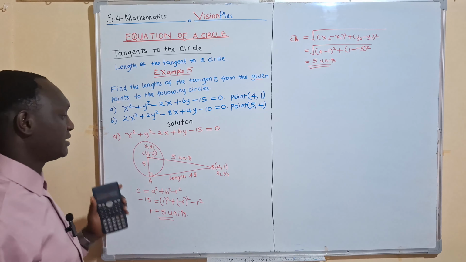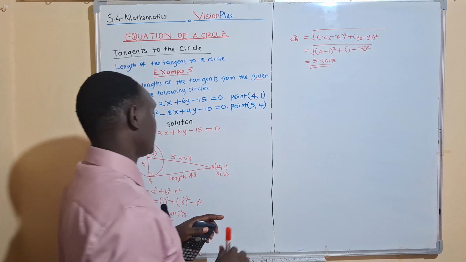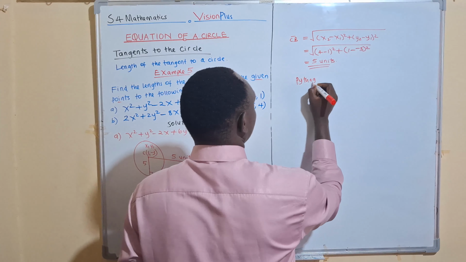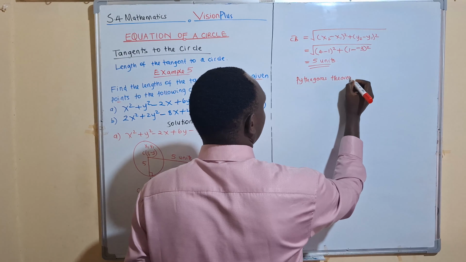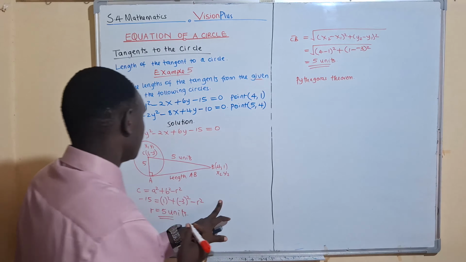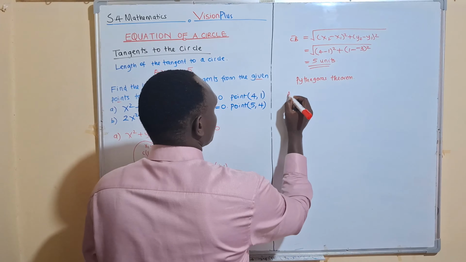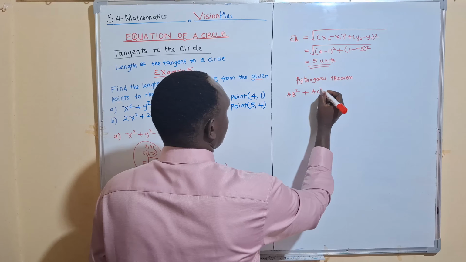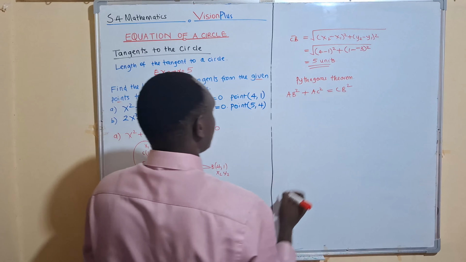After getting that, we need to apply Pythagoras theorem to give us AB. Pythagoras theorem says that the sum of the squares of the two shorter sides equals the square of the longest side. So the two shorter sides are AB and AC. We square them and add them, and they give us the longest side CB squared.